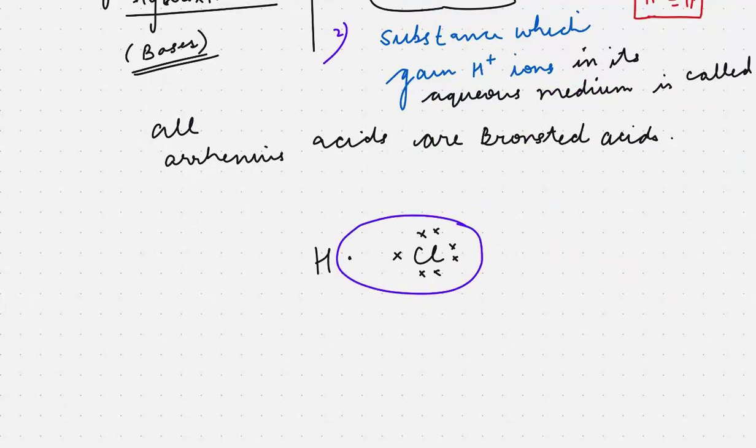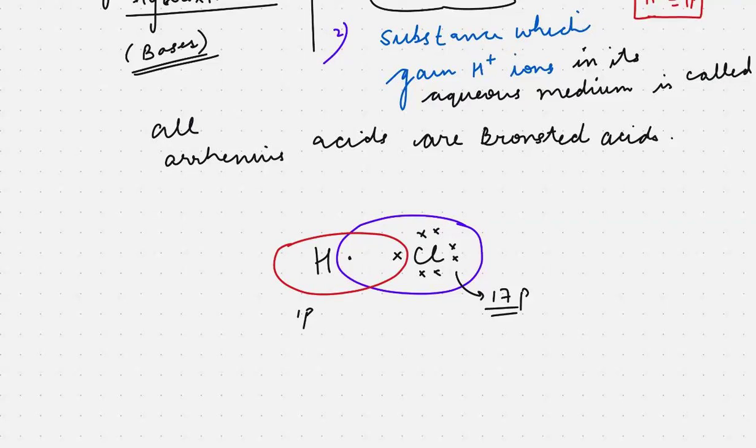So this makes a bond, right? Initially, hydrogen has one proton in its nucleus and chlorine has 17 protons in its nucleus. So you tell me whose nucleus is stronger? Chlorine. Yes.